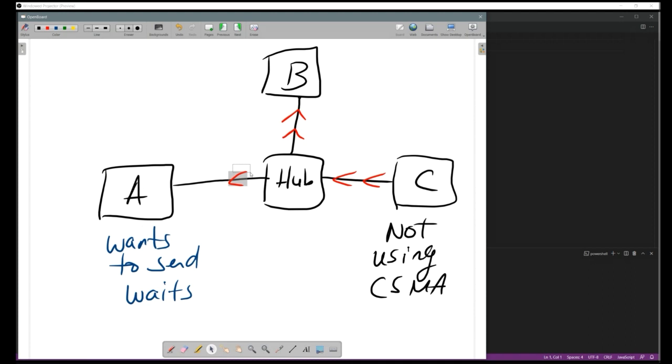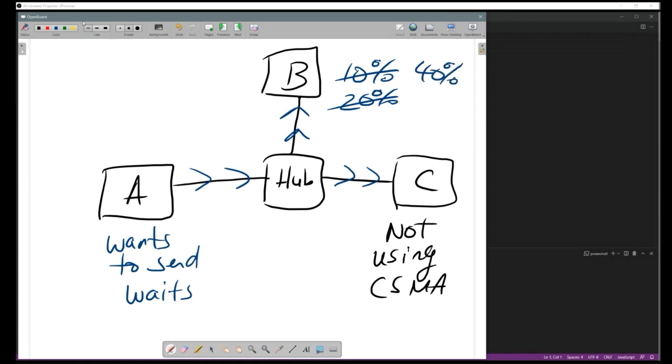Eventually, C is going to finish. Then A is going to see that there's no more data being sent, so it can start to use the network. And so it's going to start transmitting: 10%, 20%, 40%.